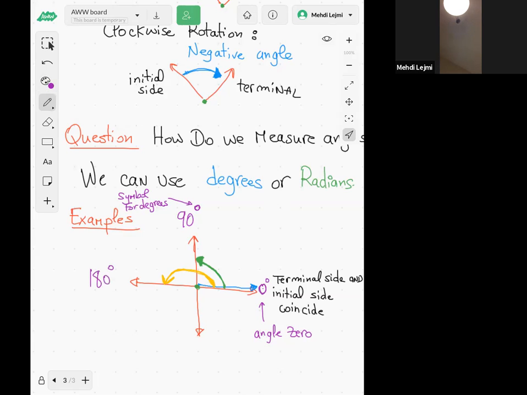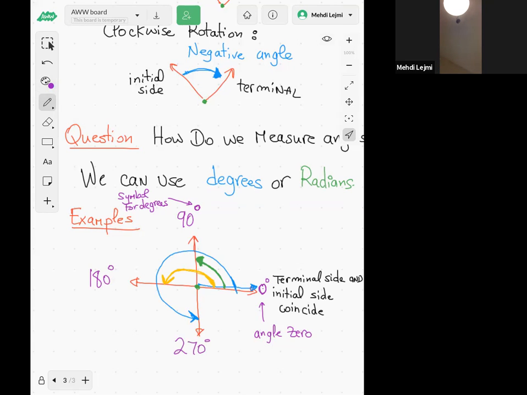And then if you go one more 90 degrees, let me take a blue now. If you go from here to here, you stop at this terminal side, then that will be 270 degrees.